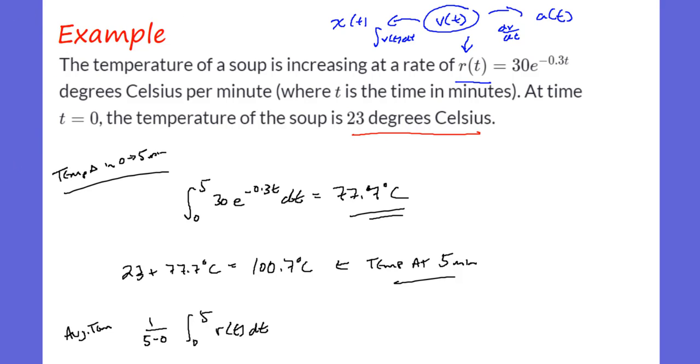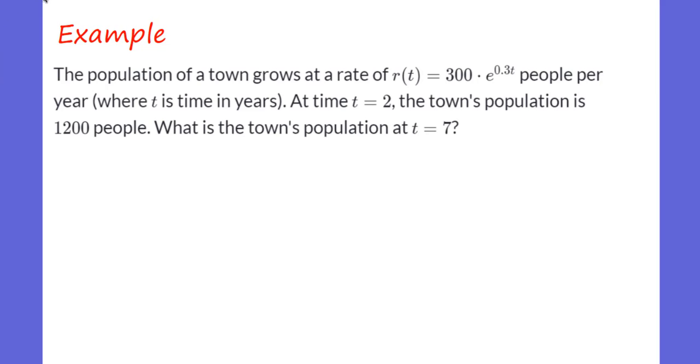Okay. Here's another example problem. This says the population of a town grows at this rate right here, a rate in people per year. At time equals 2, the town's population is 1,200. What's the town's population at 7? We have 1,200 people, what we started with, plus the integral from 2 to 7 of 300e^(0.3t) dt.